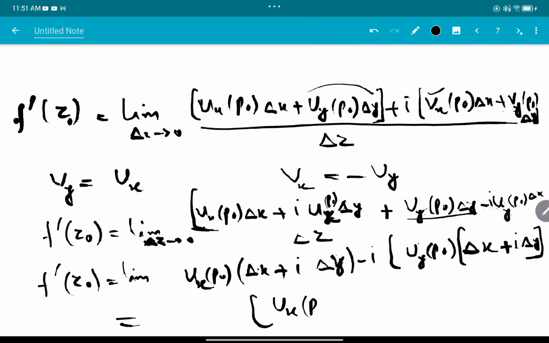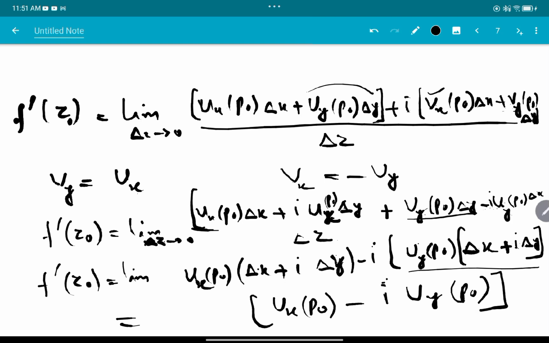Now it is ux, because this delta x plus i delta y has gone, minus i, of course, and this is again delta x plus i delta y divided by delta z, that is delta z by delta z, you have uy with i.